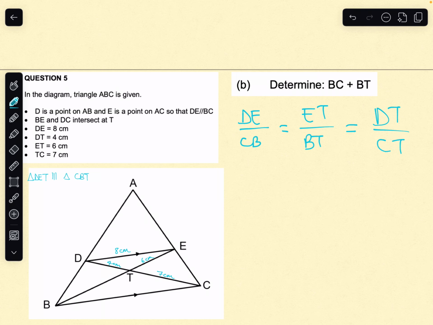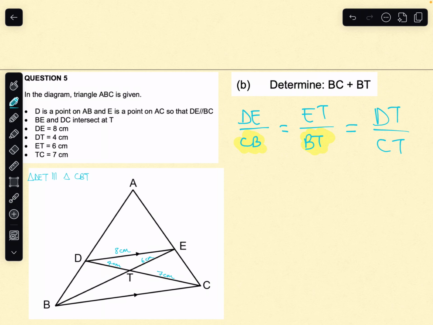And what are we interested in? We are just interested in BT and BC. We have all the ones at the top, DE, ET, DT, and then we only have TC for the bottom triangle. So unfortunately, we have to use all the ratios.